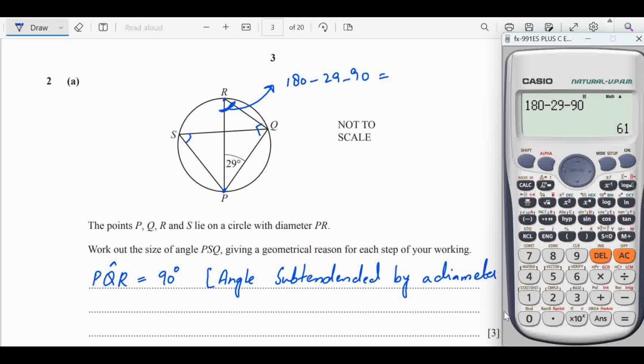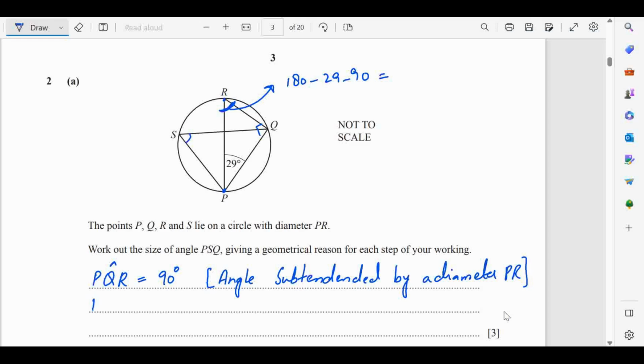So we can write that angle PRQ will be equal to 61 degrees. And the reason behind it is that the sum of the angles of a triangle is equal to 180 degrees.